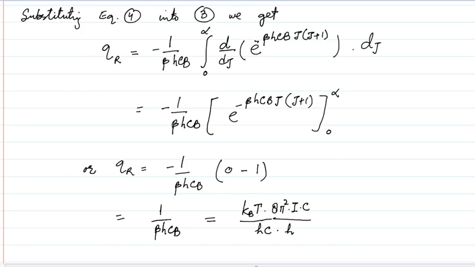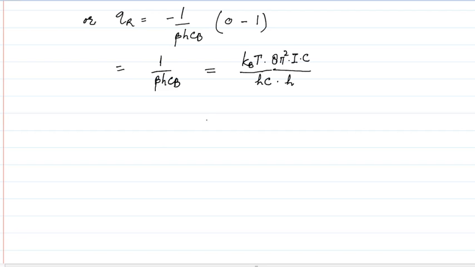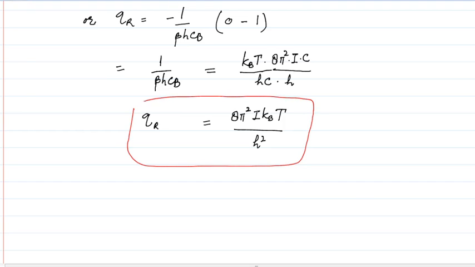So this will be simply equal to this. For linear rotator, the rotational partition function will be simply given by this expression 8 pi square I kBT upon h square, which is simply Boltzmann's constant, temperature upon Planck's constant square. So this is a very important relation. This is the rotational partition function for a linear rotator.